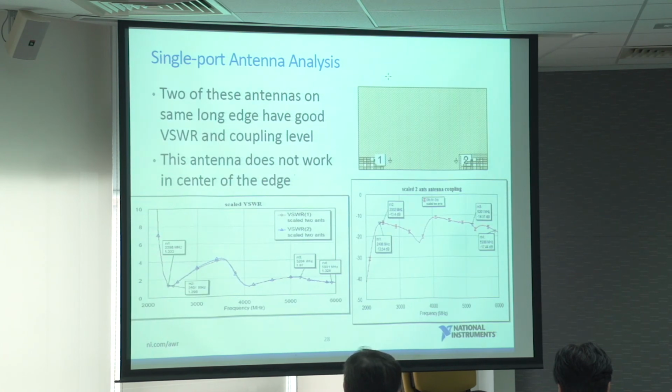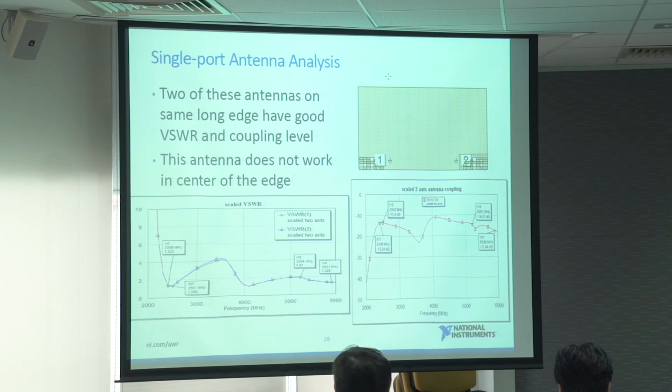Okay, so now I put in 2 of these antennas along the edge of the device, and this antenna does not work in the center of the edge. It requires a corner. So I wasn't able to get 3 antennas on one edge, but I could get 2, and they worked pretty well.